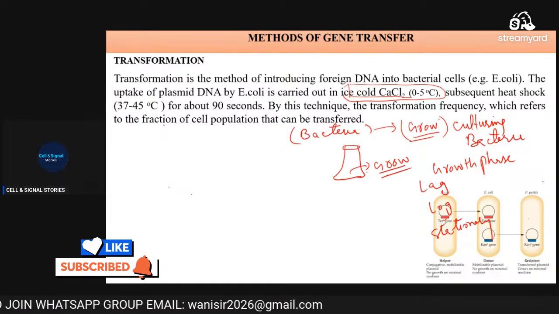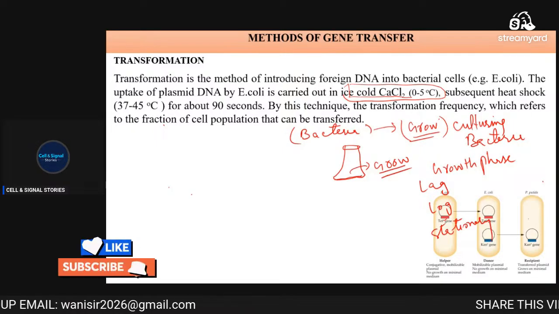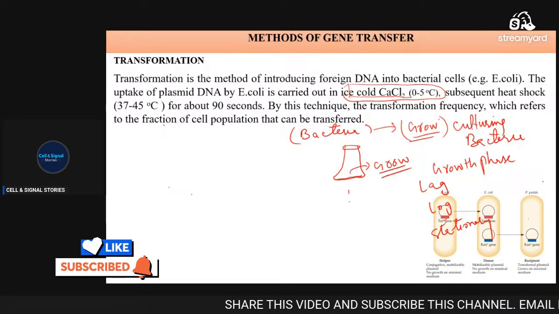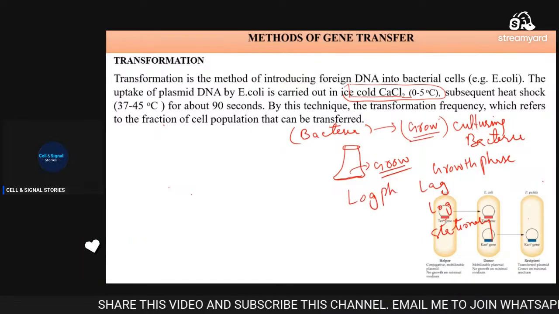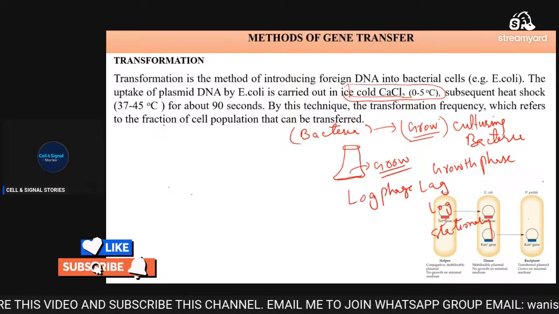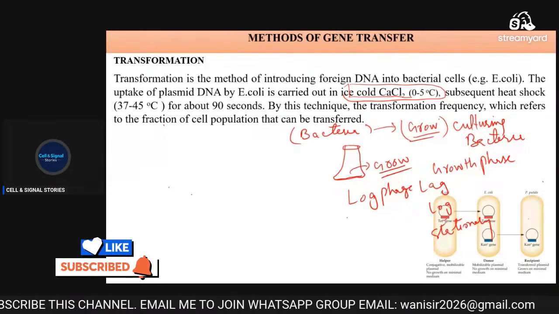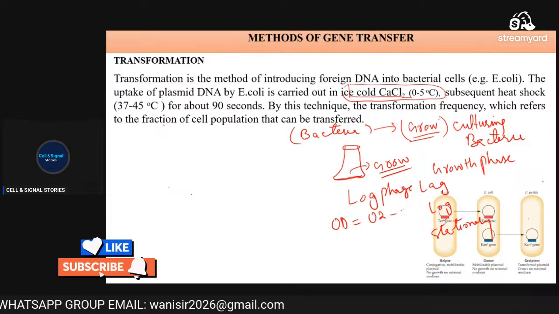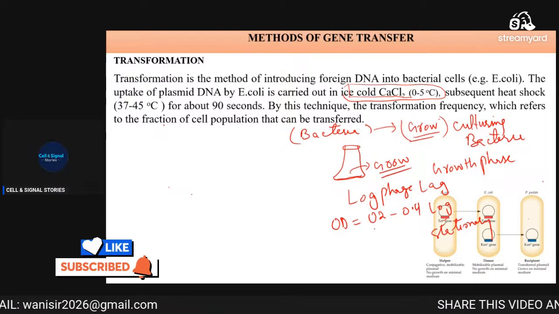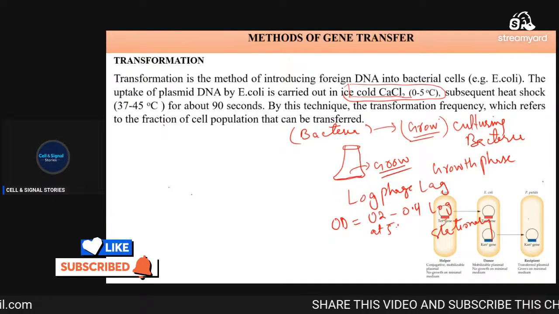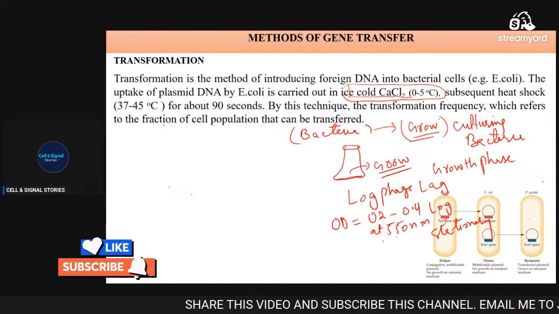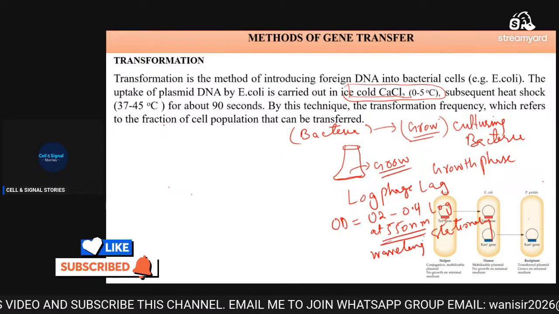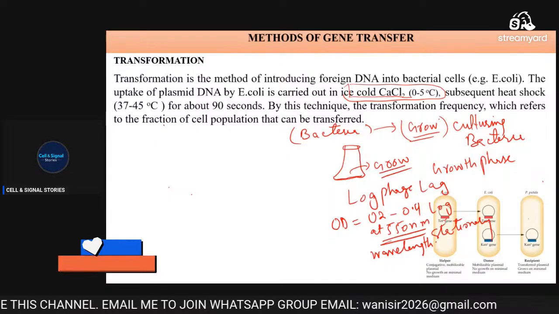So, for making the bacteria competent for taking up this naked DNA, we need bacteria from the log phase. How do we know that the cultured bacteria are in the log phase? We will check the OD. The OD should be between 0.2 and 0.4 at 550 nanometers, this is the wavelength.